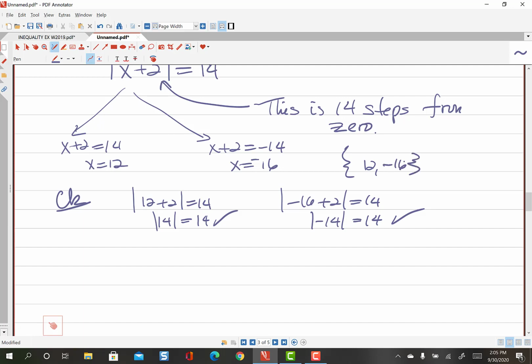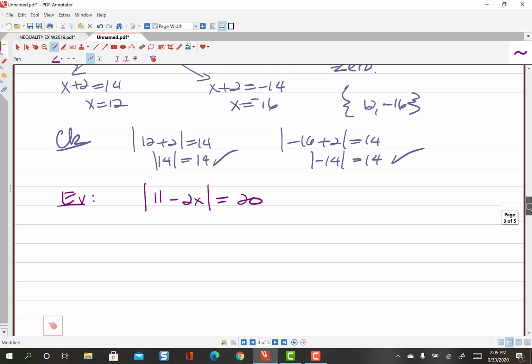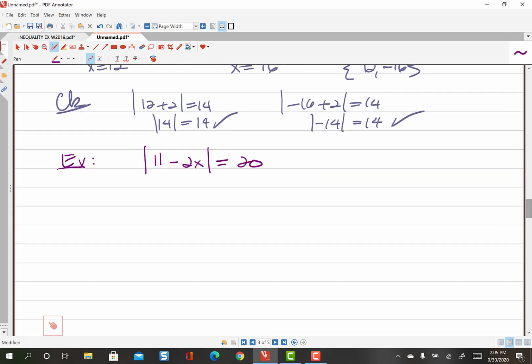All right, so let's try another one that's similar to that. Say 11 minus 2x in absolute value is equal to 20. Again, what's inside those absolute value signs is 20 steps from 0. So that means either 11 minus 2x is 20, or 11 minus 2x is equal to negative 20.